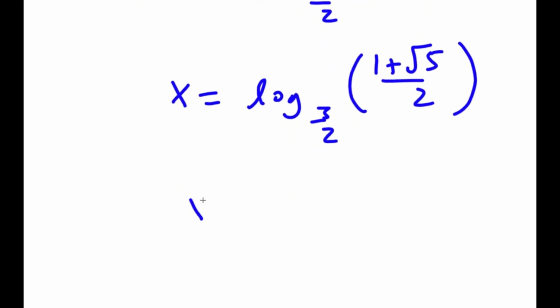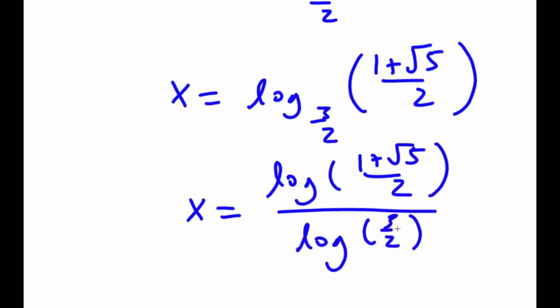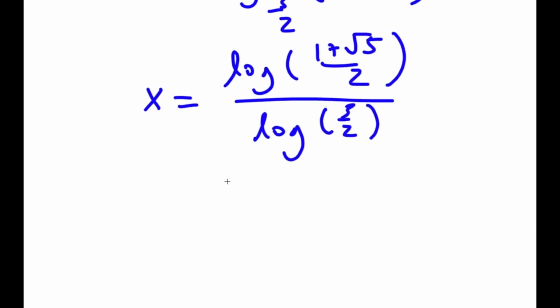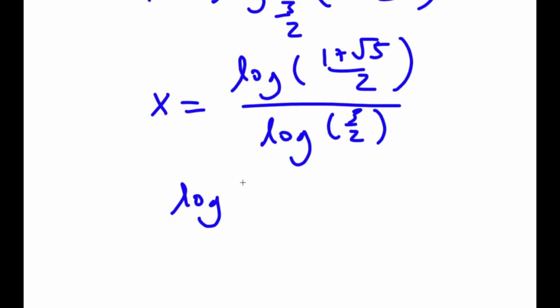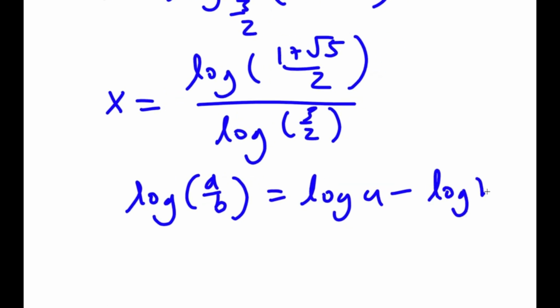Now, this is the same thing as x is equal to log of 1 plus square root of 5 over 2 divided by log 3 over 2. And if I have something in the form log a over b, this is equal to log a minus log b.